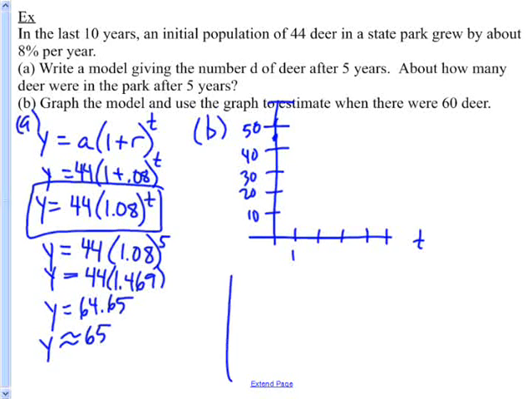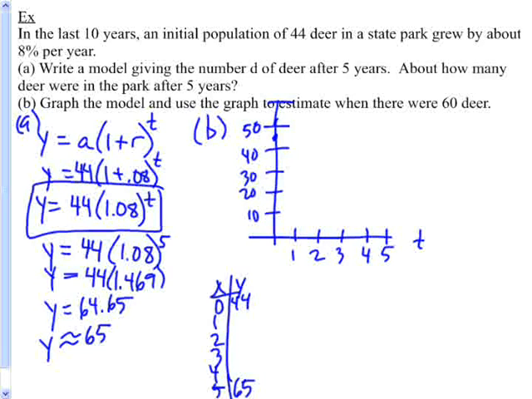And we know that at 5 years, it was about 65, wasn't it? So let me put 5 years on here as well and graph that. We're at about 65. I need to go a little higher, don't I? So 65, okay. So what does this thing look like?